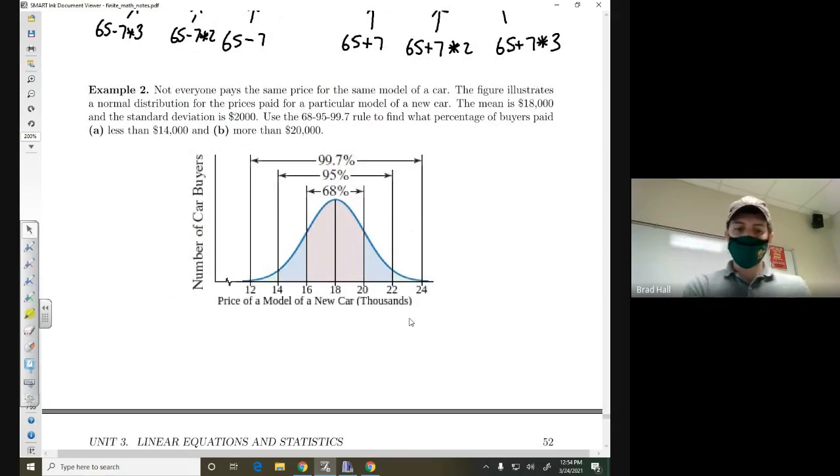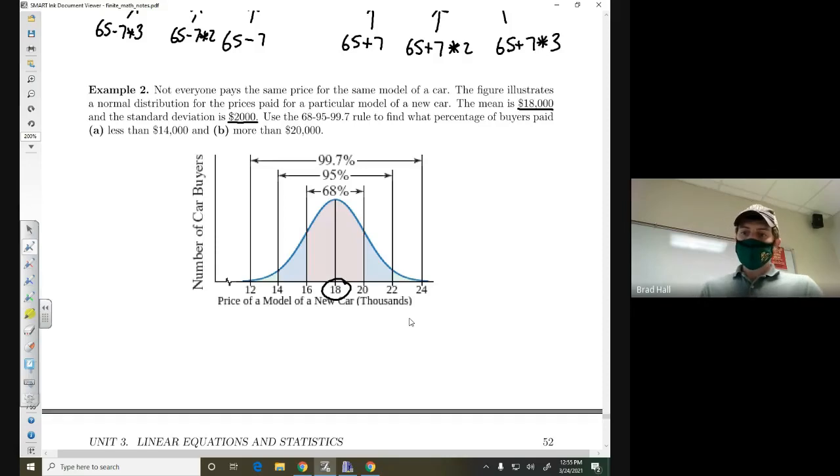They tell us that the mean is 18,000, which makes sense because 18 is right in the middle, and it's in thousands. And the standard deviation is 2,000. So it makes sense that we're going in increments of 2,000 in both directions. So I think it's good to understand how the construction of this graph represents what we know about labeling the x-axis.